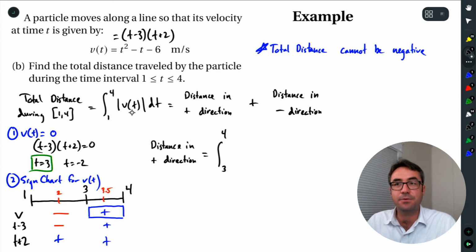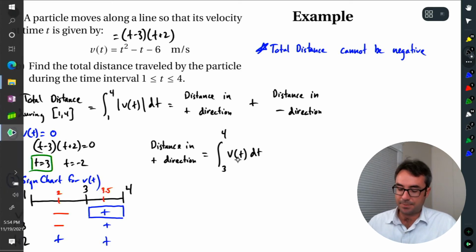So if our velocity function is positive, the absolute value sign doesn't do anything. So for this calculation on the interval from 3 to 4, we're just going to integrate our regular old velocity function. The absolute value doesn't really do anything, so we can just drop it.